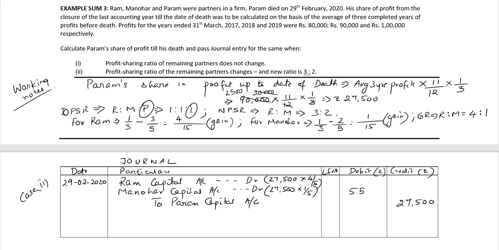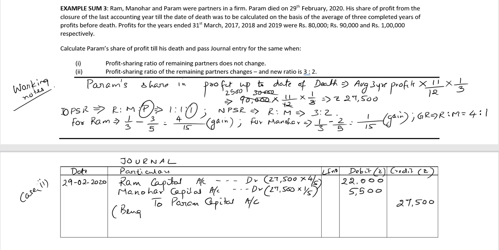It's 5,500 against Manohar's capital account and 22,000 rupees against Ram's capital account.